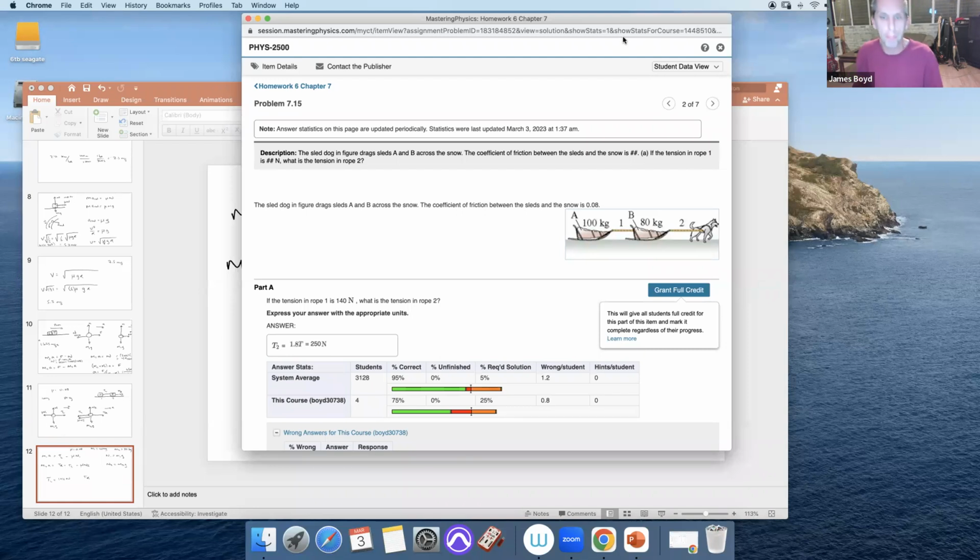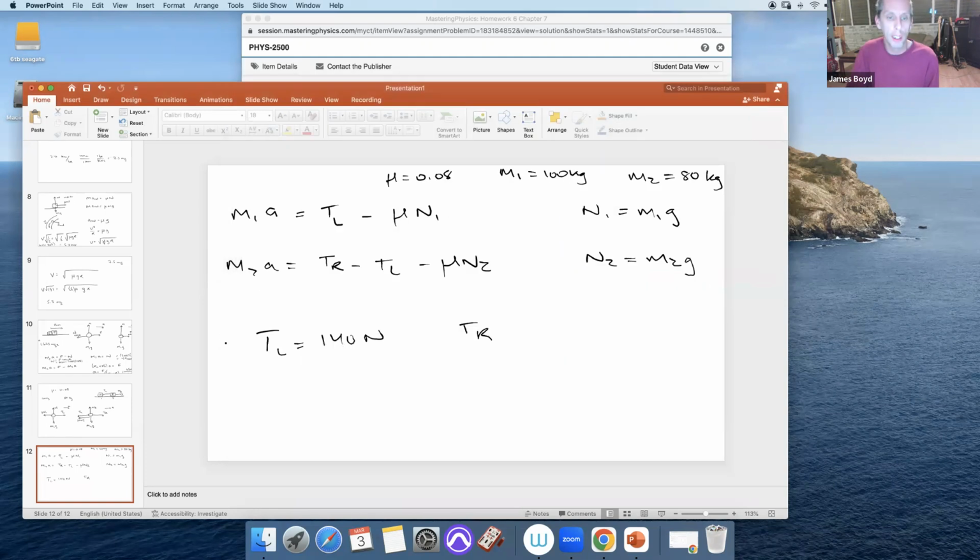Now, we are, I guess, going to assume, and I don't know if we're going to assume that they're moving at constant velocity. But if they are moving at constant velocity, A is 0.